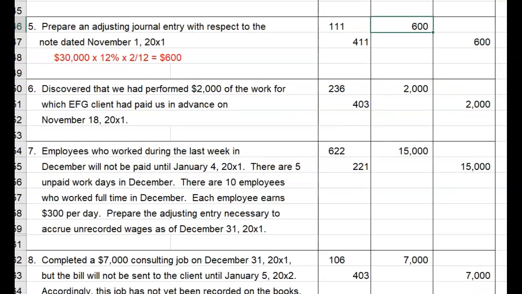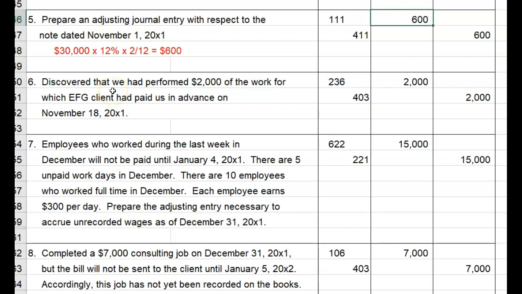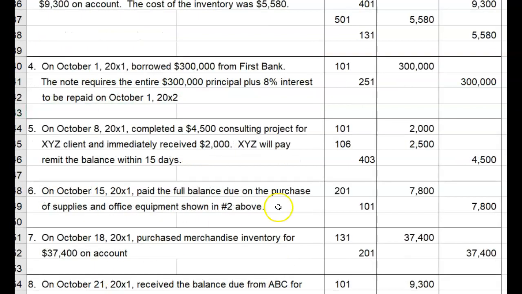Number 6, we discovered that we had performed $2,000 of the work that our customer had paid us for in advance on November 18th. We can look at the November 18th transaction, but we really don't have to because there's very little in the way of calculations here. But let's go take a look at the November 18th transaction.